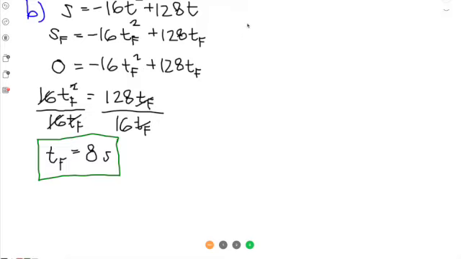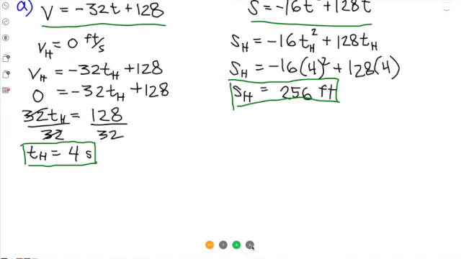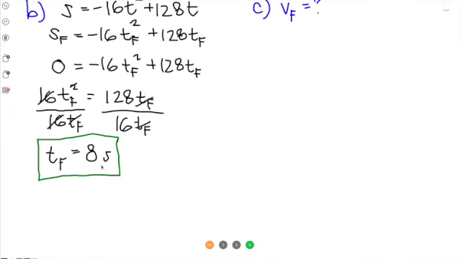Now the last thing asked in the problem is, what then is the final velocity? So we have the equation negative 32t plus 128, and we have the value for tf. So let's write it down.